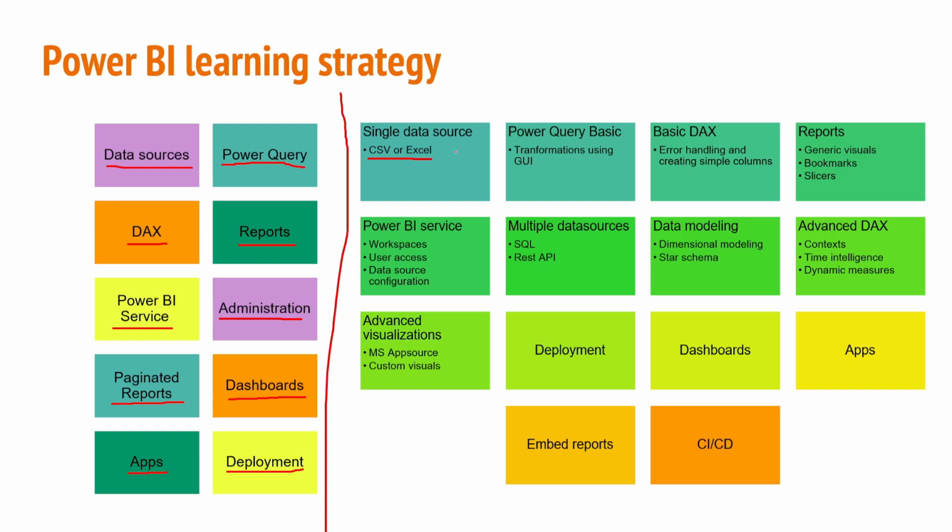Then once you have the data set, do some transformations like concatenating columns, or putting some if else statements to derive a new column. Those kinds of basic transformations you can do through the Power Query interface. Don't go with the advanced Power Query language steps here. When you are starting, just do whatever transformations are available in the Power Query editor.